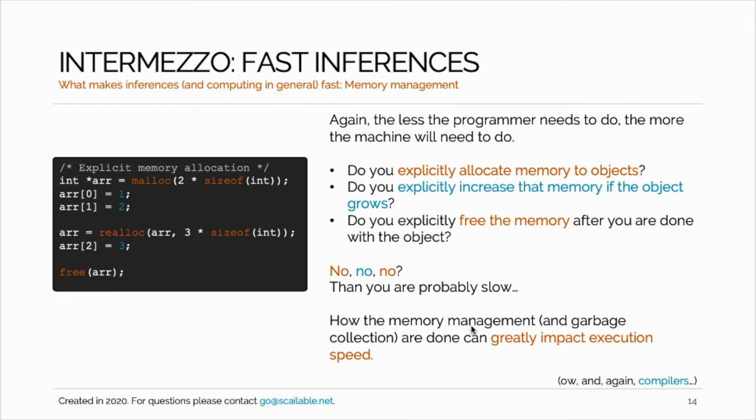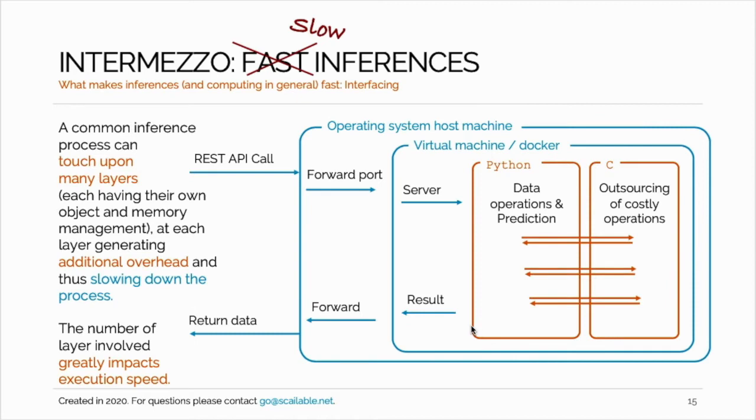But what's even more important when generating inferences is that often the whole process is tremendously slowed down by the number of layers that need to be passed before inferences are actually generated. Especially if you think about this containerized as-is solution, you would have some data coming in through a REST API call that's then forwarded from the operating system to a virtual machine that's running the container, to Python, which is then interfacing with C, where the actual inferences are done.